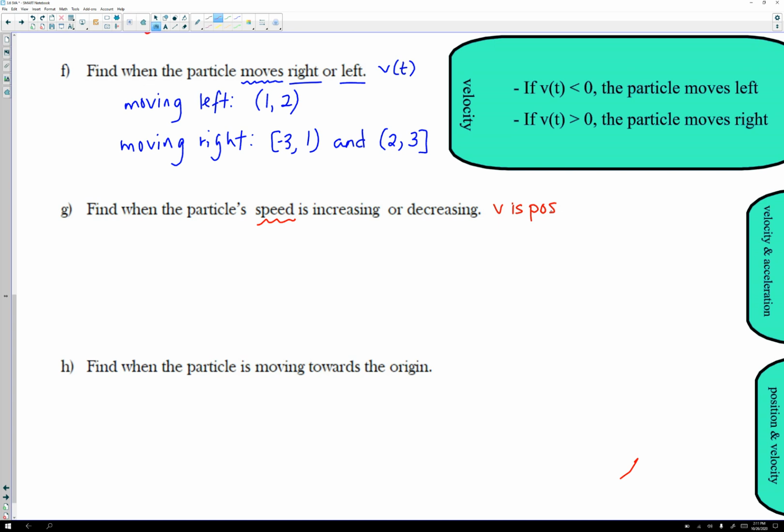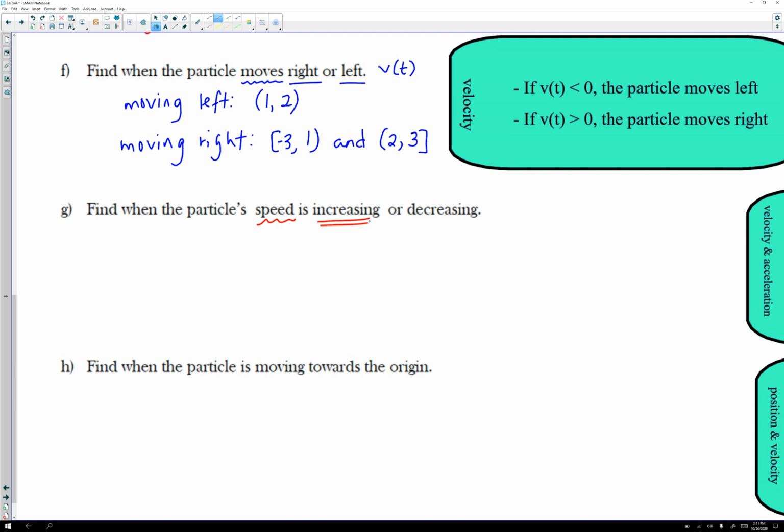So if that is increasing, that means that the derivative, which is acceleration, needs to be positive. Now it works the same if the velocity is negative. That means that your particle is moving to the left. And so if that's increasing, then it needs to be accelerating to the left as well. That's what makes the speed increasing.